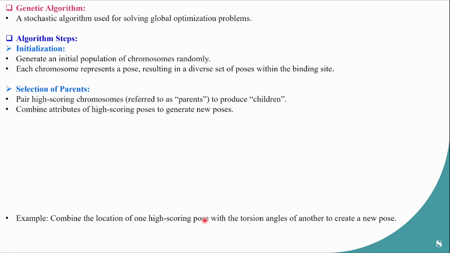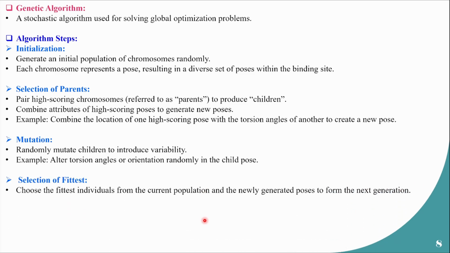Then we went over briefly the genetic algorithms, where the initial population of chromosomes is randomly chosen. Here the chromosomes particularly refer to a pose of a ligand inside a binding pocket.